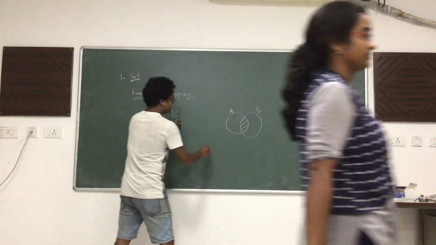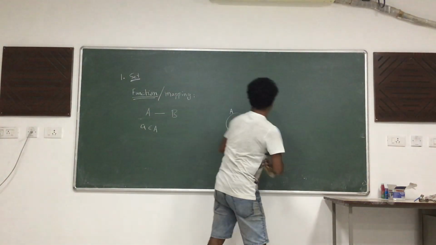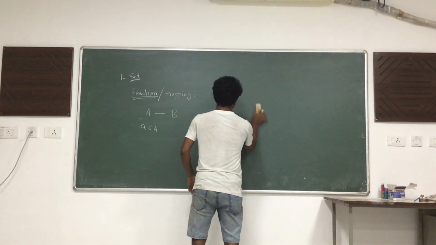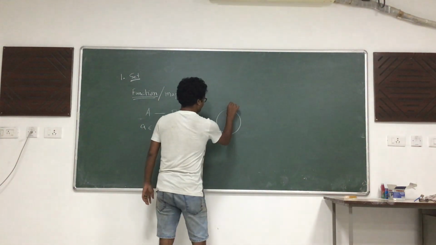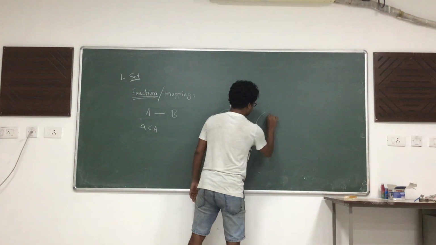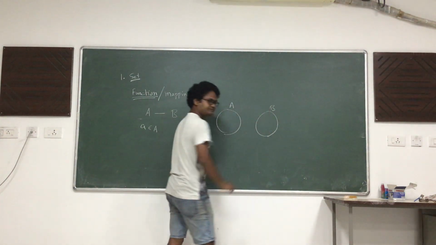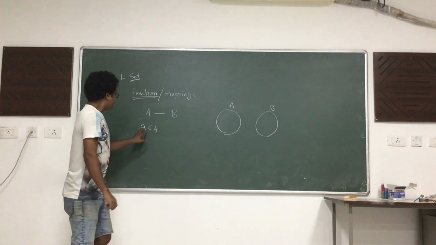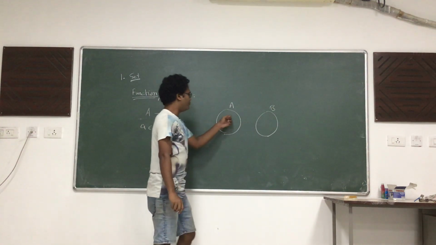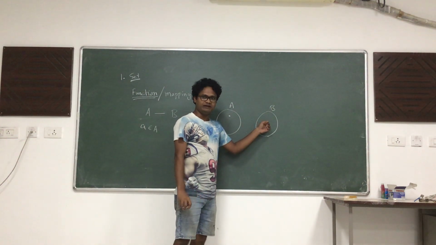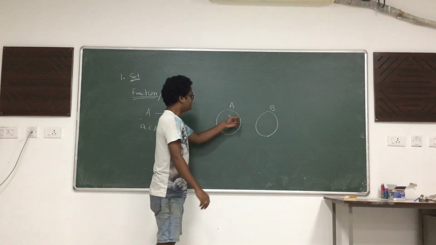Okay. So now they may not be the same type of set. So let's say you have set A and set B here. Okay. So for each element in A, you assign exactly one element, not more than one element. Okay.